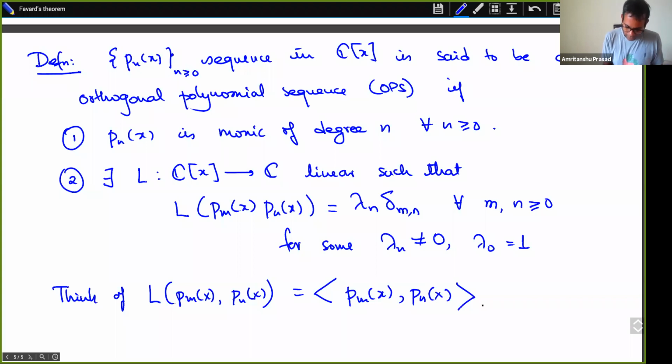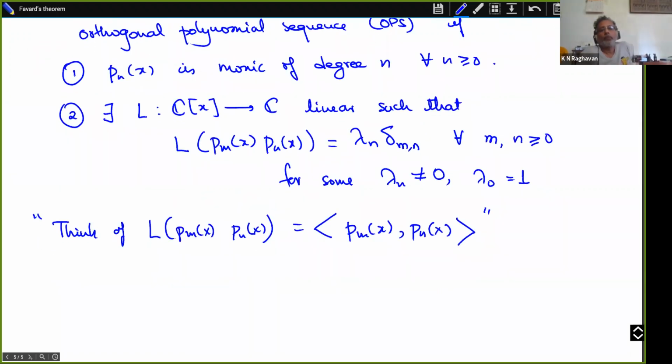So think of this as an inner product, L of P_m(x) times P_n(x). That's how you should think of it. And so what we're saying is that these things are orthogonal with respect to this inner product.